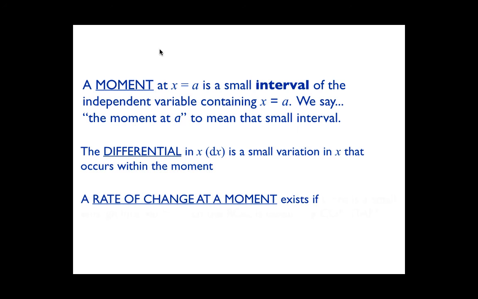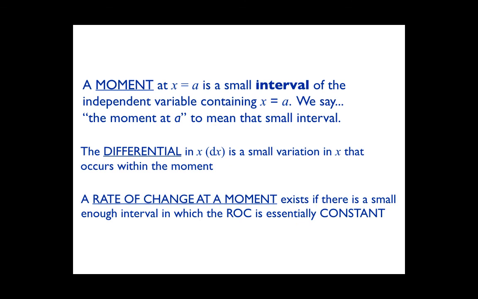But a rate of change at a moment exists if we can pick an interval small enough so that it seems like there's a constant rate of change relationship between changes in x and changes in y. So if you can imagine the slider that we had, 0.001 was the smallest you could get besides 0.